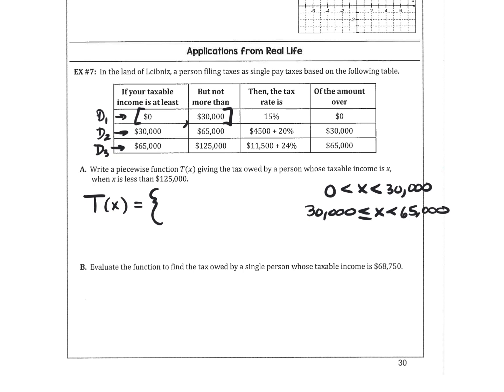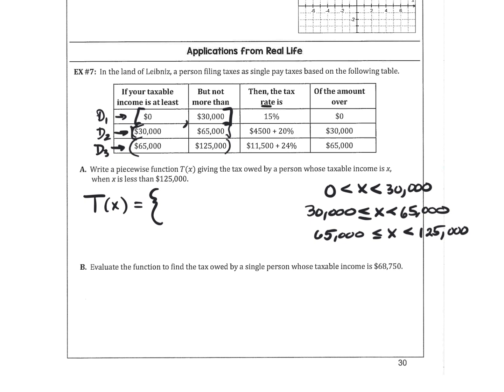And then what's the last one? Yep. Included. At least means it's included, but not more than means it's not included here, is it? To 125,000. All right. So we've taken care of this, haven't we? Right? Okay.